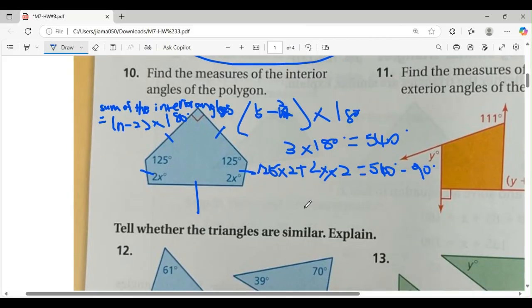So 250 degrees plus 4x equals 450 degrees.